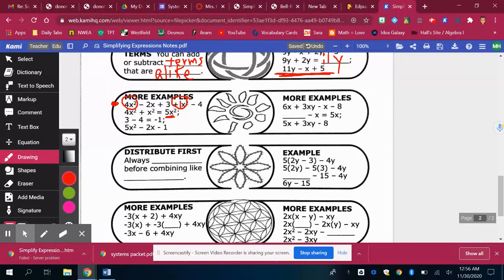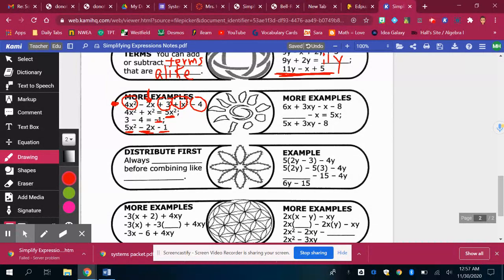We could also combine these constant terms because they are alike. Positive 3 and a negative 4 gives us a negative 1. So to simplify this, we have 5x squared. We have our negative 2x, which didn't have a like term to go with, but we still need to include it. And then our negative 1 when we combine our constant terms.